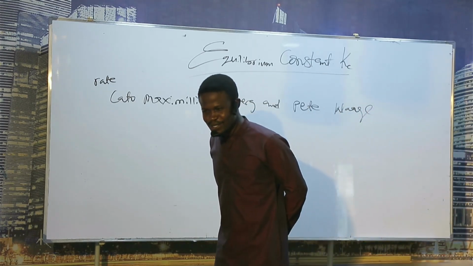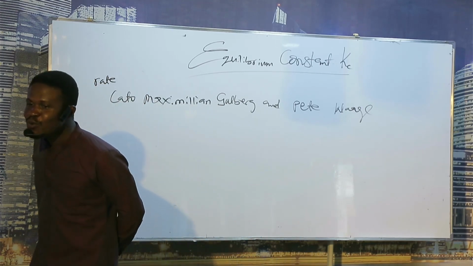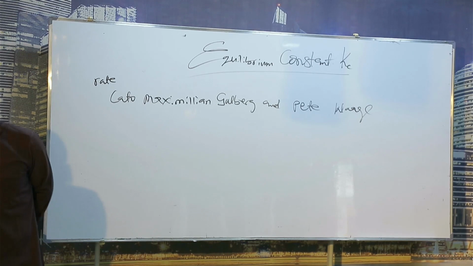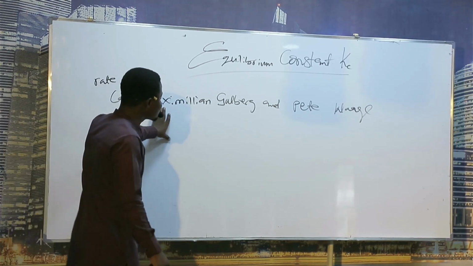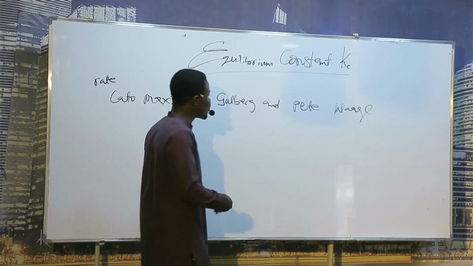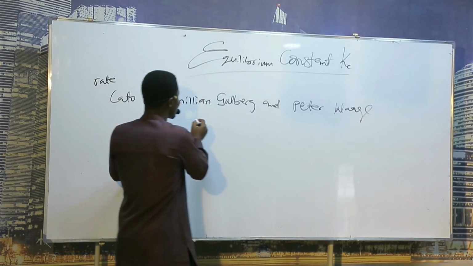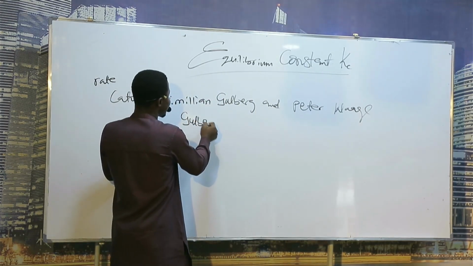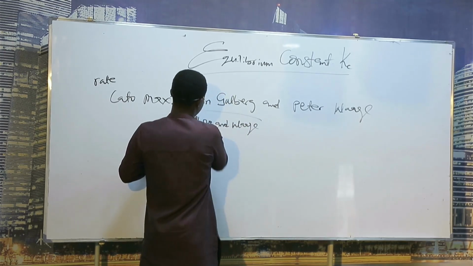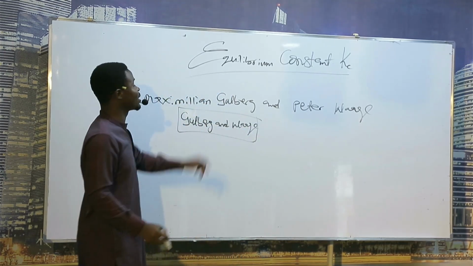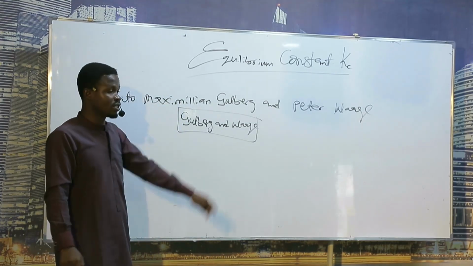The rate law is based on the law of mass action. So who stated the law of mass action? Cato Maximilian Guldberg and Peter Waage. We call it the law of Guldberg and Waage.